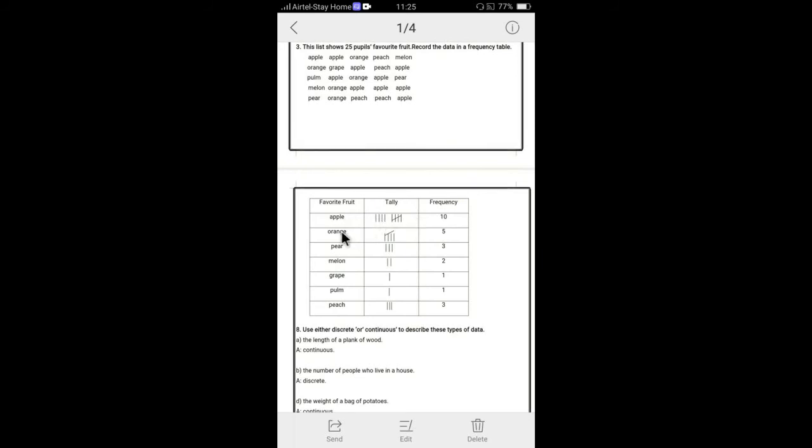So apple is 10. If you see the orange, you can find that orange is 1, 2, 3, 4, 5 times given here.